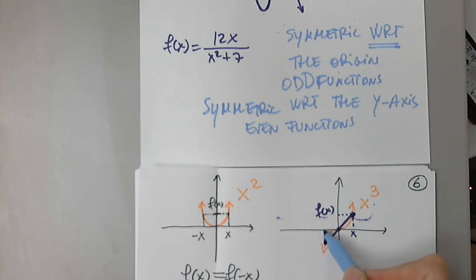What is this on this side? What is this value? Negative x, of course. And what is this value? Negative f of x. Not yet. I just want f of negative x, because now you're way ahead of me. I love it. Now I would like you to tell me what is the relationship between f of x and f of negative x. You can no longer say they're equal, right? They can be equal. But what is the relationship?